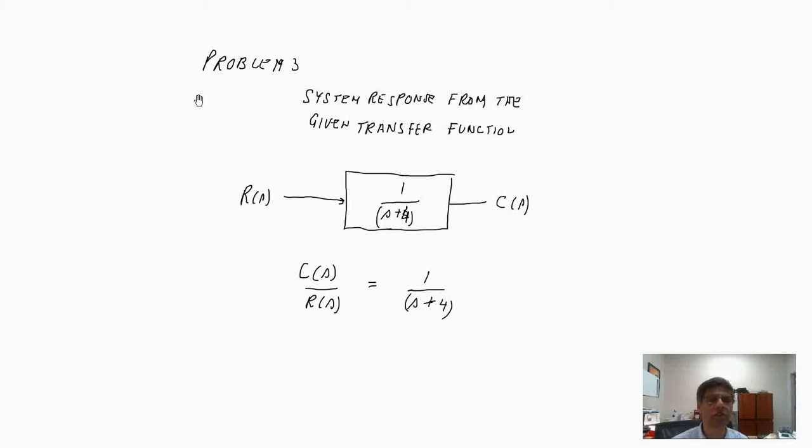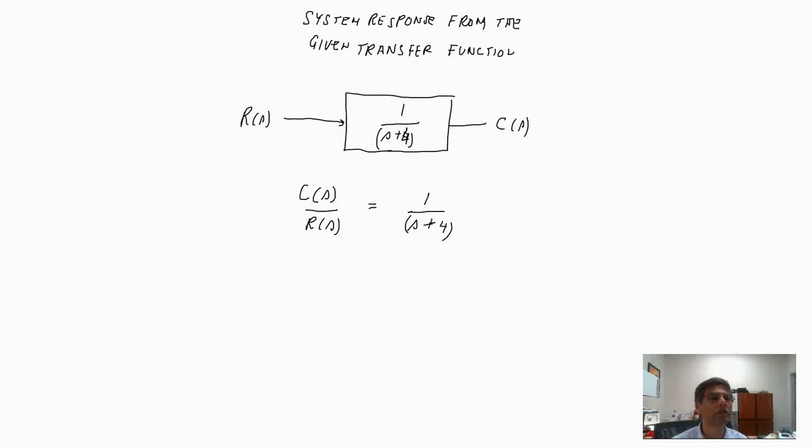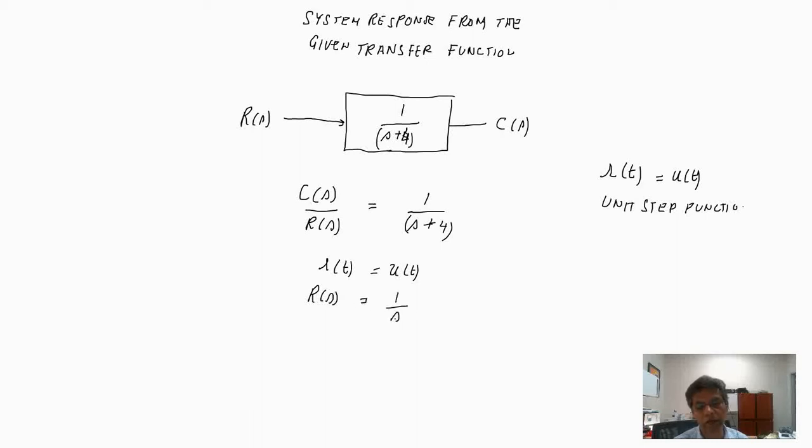Well, if somebody tells you that the input in the time domain is a unit step function, let's say that r of t is equal to u of t, where u of t is the unit step function, then you know that the Laplace transformation of the unit step function is just equal to 1 over s. Recall that from the table, right?